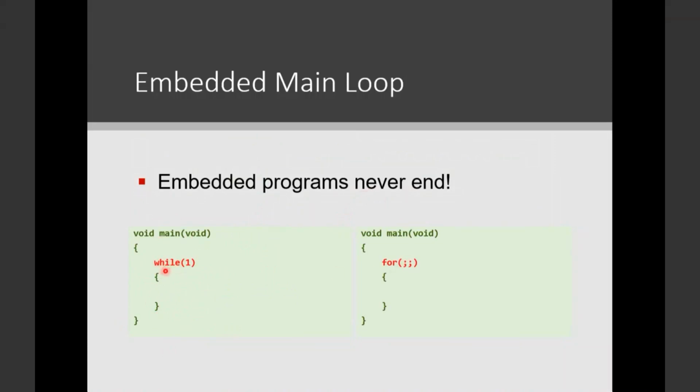For the while loop, to make it loop forever, you can put while (1), meaning the condition is always true. When the condition is always true, it will keep repeating whatever is inside until you shut down your compiler or your program.